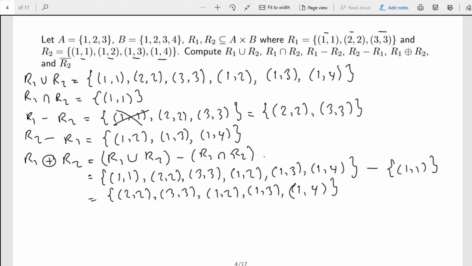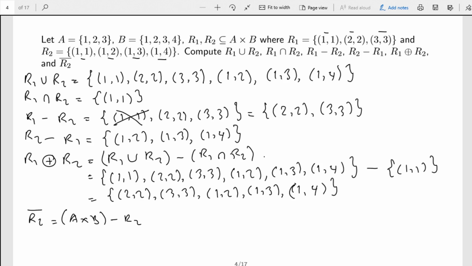And finally, the complement of R2 is A times B minus R2. So you take A times B, the set of all possible pairs from A and B, and you take out the elements of R2 from there.